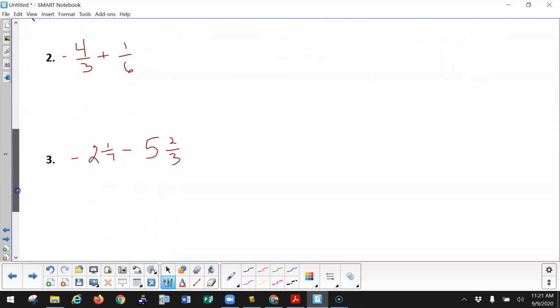My second example, I don't have any mixed numbers, so I'm ready to just go ahead and identify my least common denominator. In this case, it's going to be 6. So I'm not going to have to change that second fraction at all. I am, however, going to multiply this first fraction by 2 over 2.